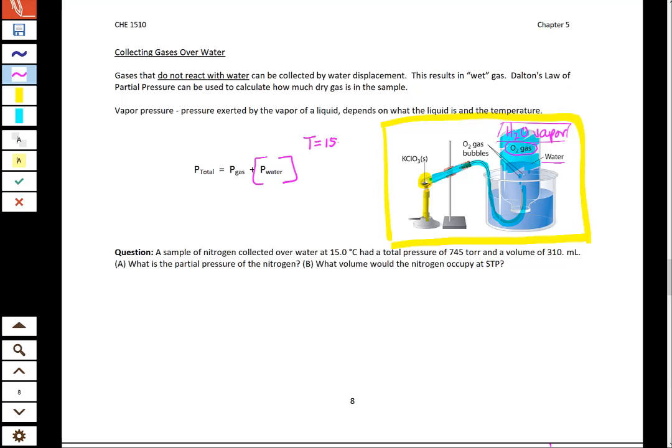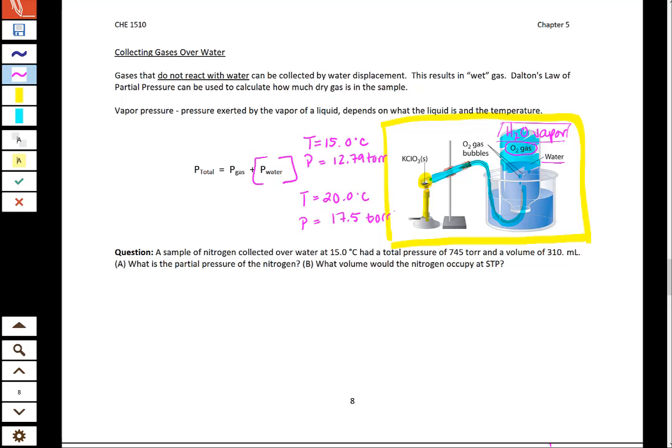If the temperature is 15 degrees Celsius, then the pressure of the water vapor is going to be 12.79 torr. Whereas if we increase the temperature to 20 degrees Celsius, the pressure of the water vapor is going to be 17.5 torr. And so these are not things you memorize. These are things that you look up in a table.